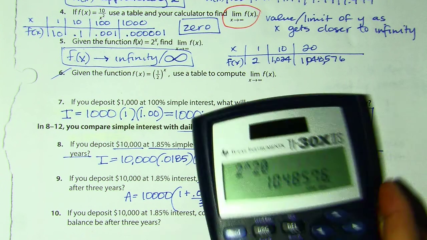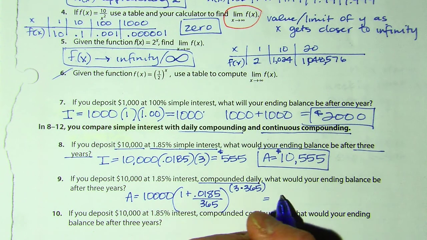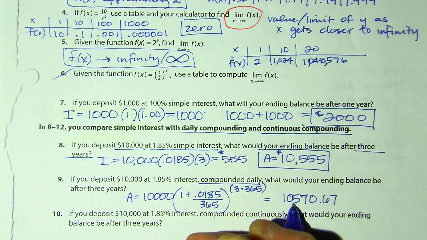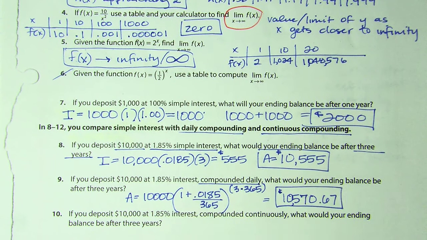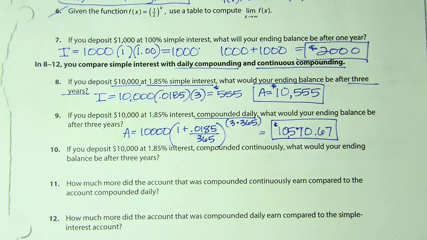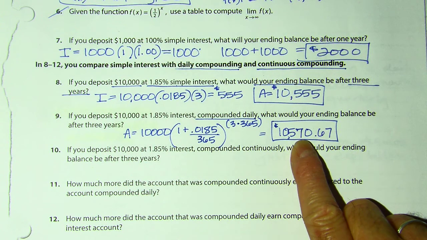So remember, we enter it just the way it appears, 10,000, parentheses, 1 plus 0.0185 divided by 365 to the, parentheses, 3 times 365. Notice the use of parentheses. Okay, and I got 10,570.67. So far, you can see that with simple interest, I only ended up with 10,555. Compounded daily, I ended up with about $15 more.